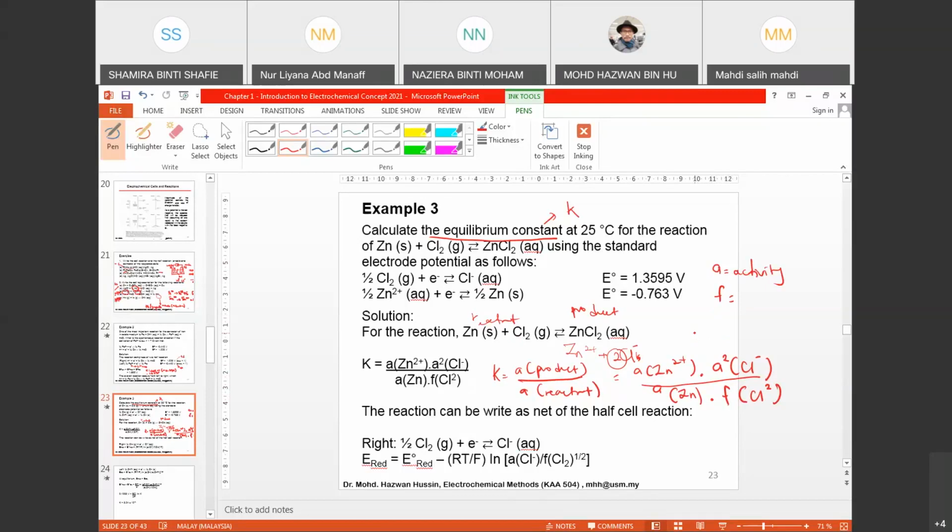Anyone know? And when should we use or address it as F? Mahdi? For the product, not for the reactant. Okay, thank you.